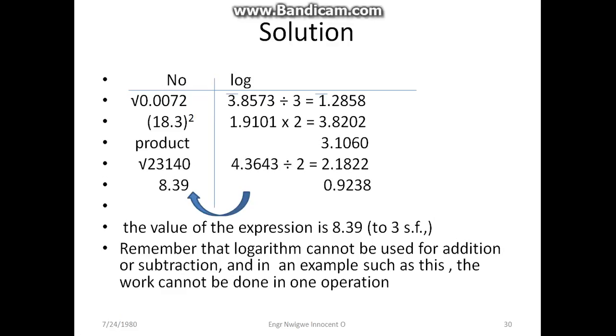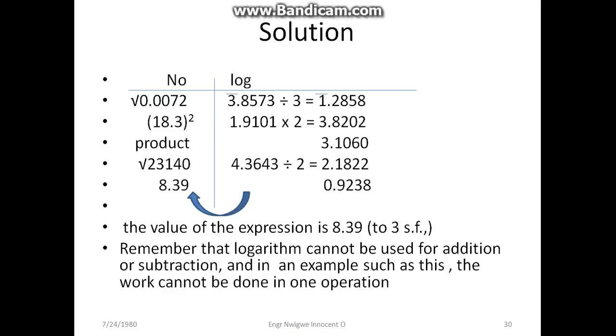So if we divide by 3, since this bar 3 is divisible by 3, what we now have to do is, if we have something like bar 3 plus 0.8573 all divided by 3, we have not changed anything, because 0.8573 plus bar 3 will still give us bar 3.8573.